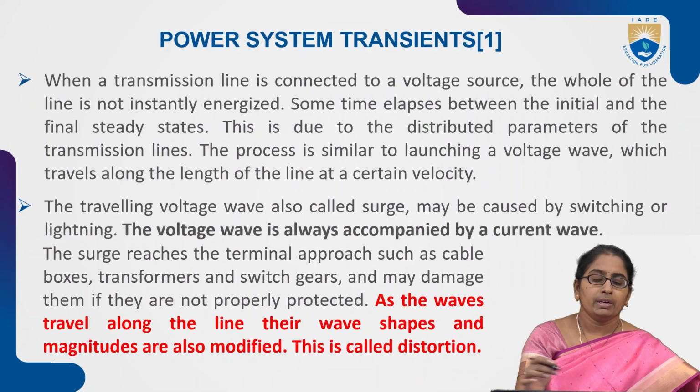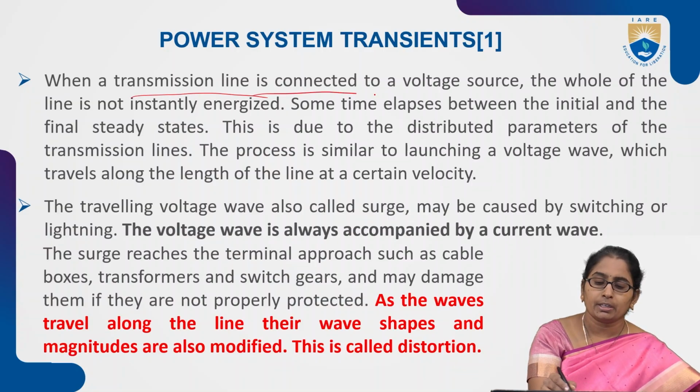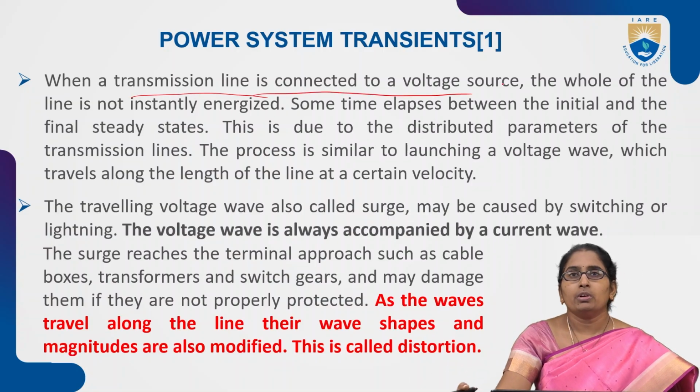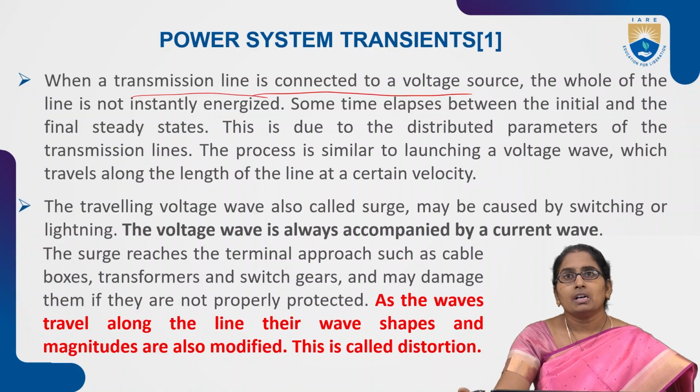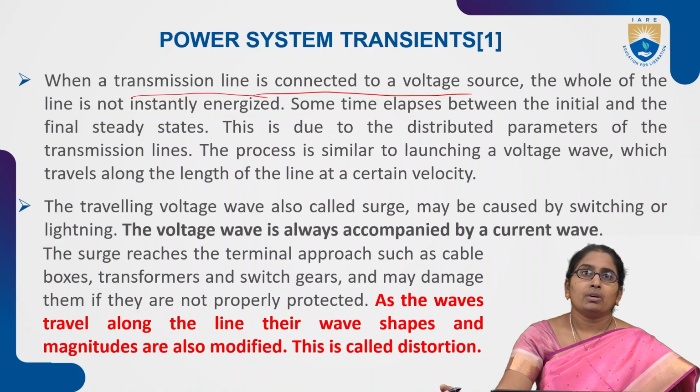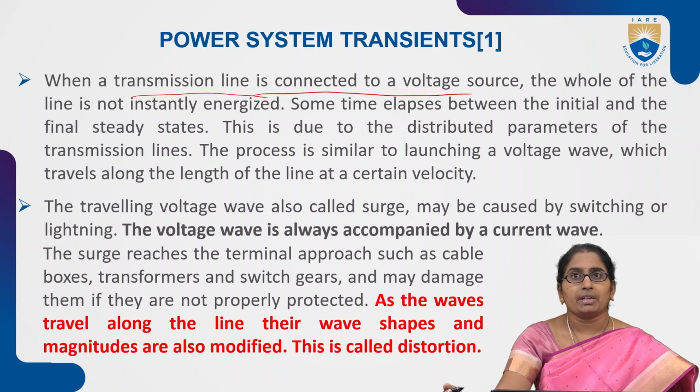When a transmission line is connected to a voltage source, when an AC voltage is applied to the transmission line, the whole of the transmission line is not instantly energized.